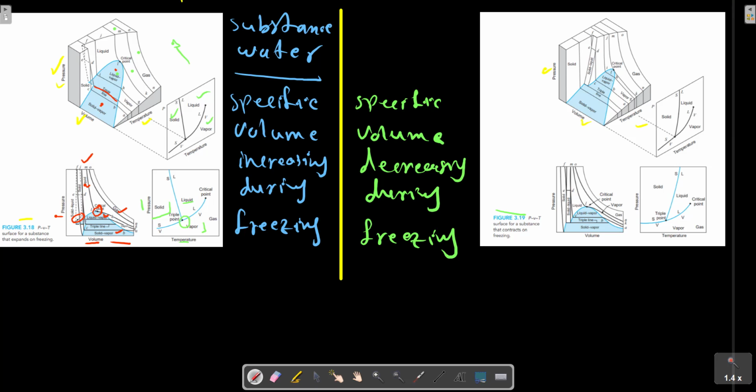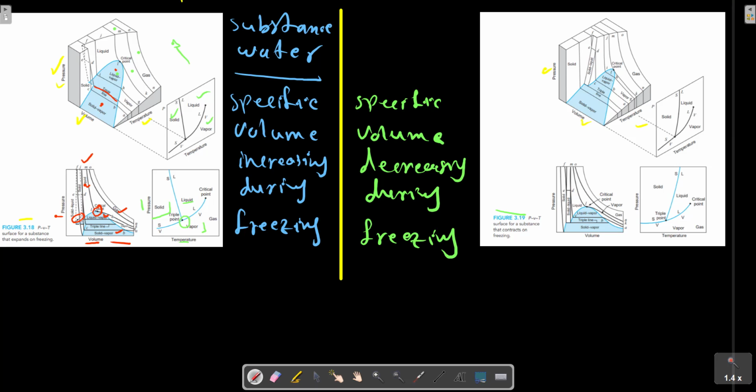This of course follows from the fact that in the two-phase region, lines of constant pressure are also lines of constant temperature, although the specific volume may change.